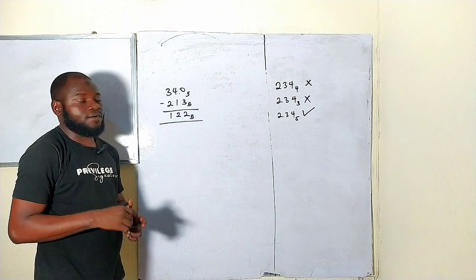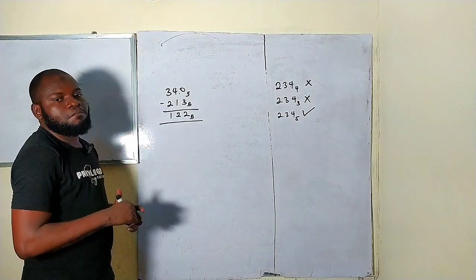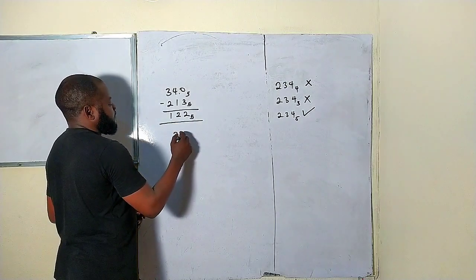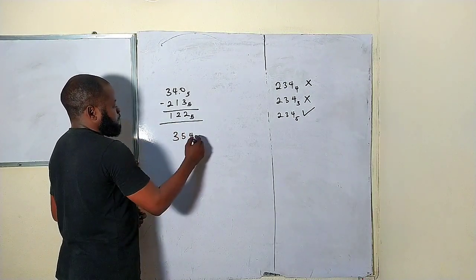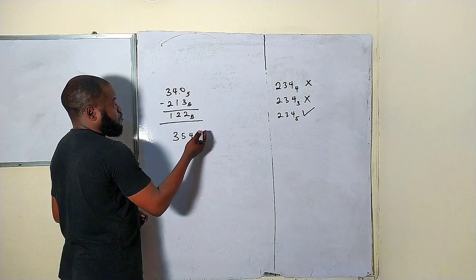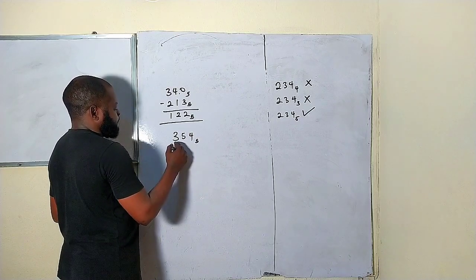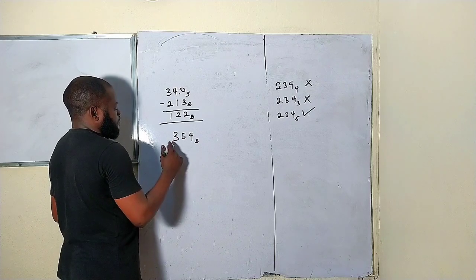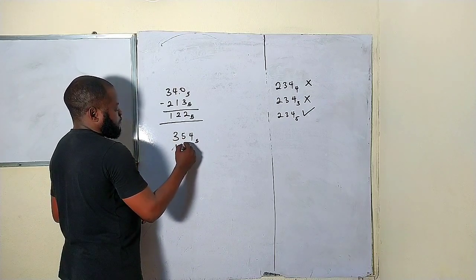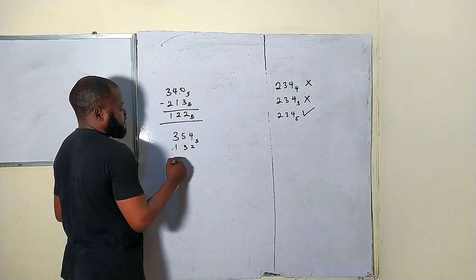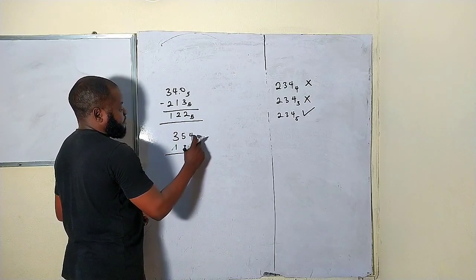Do you understand that now? So that is how to go about subtraction. Let's take one more example. Let's say I have 354 in base 5, and I have 132 in base 5.